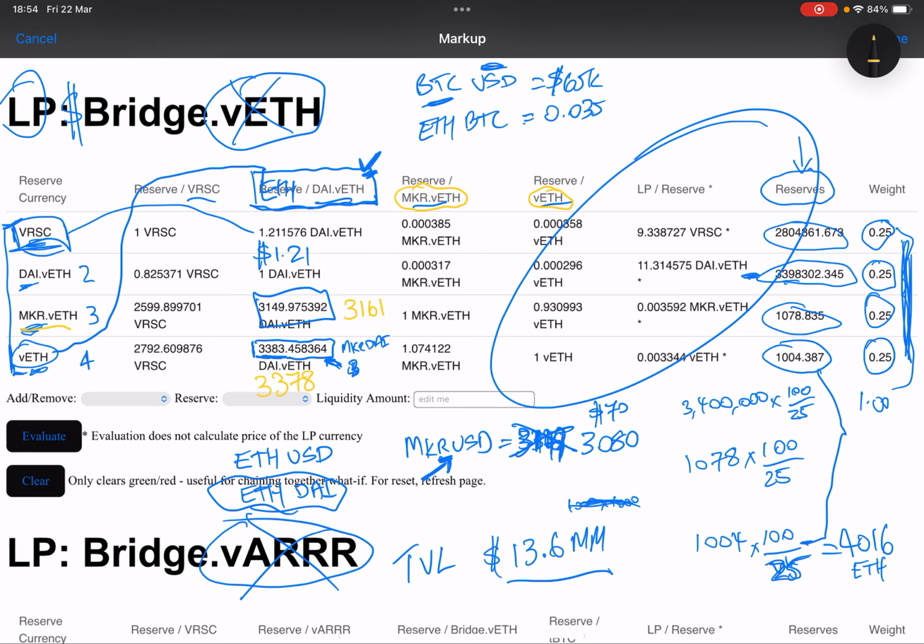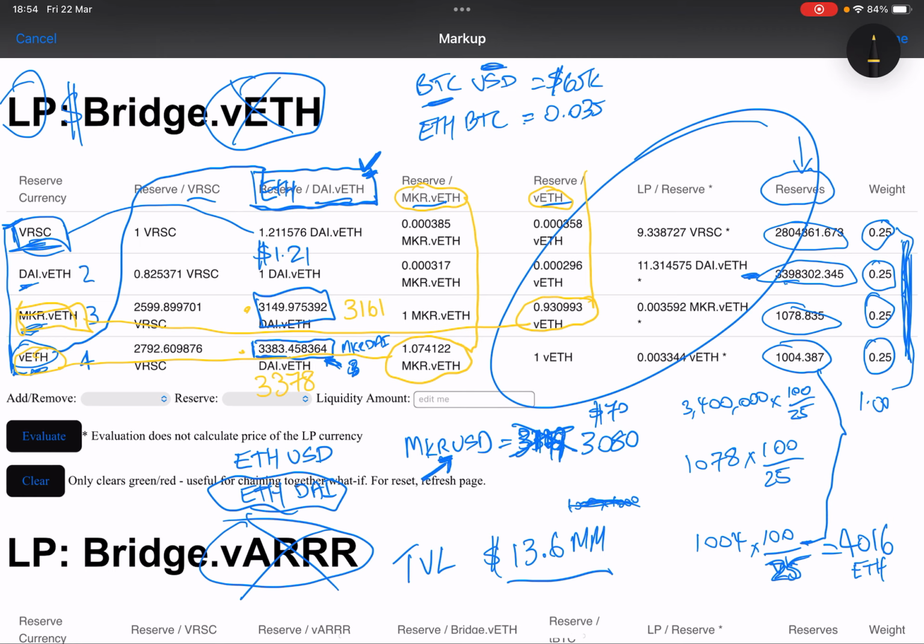So what we can do is check out Maker as the base and ETH as the rel. Currently, it's 0.93 on this screenshot that I took. And currently ETH is the base and Maker as the relative currency to quote in is 1.07. That means for 1 ETH, you get 1.07 Maker because it is lower in Dai value.